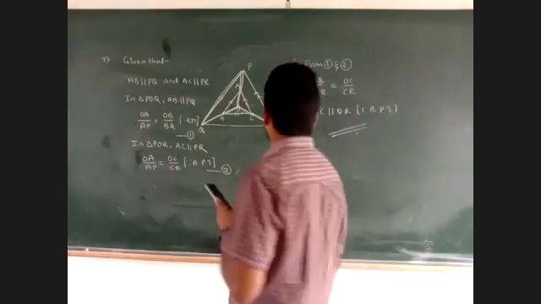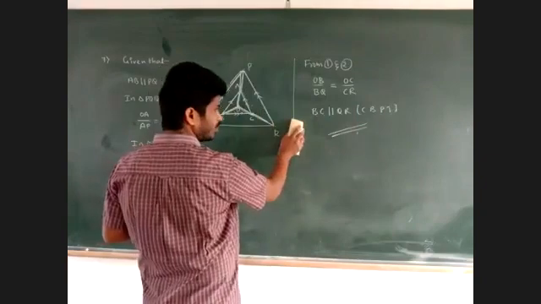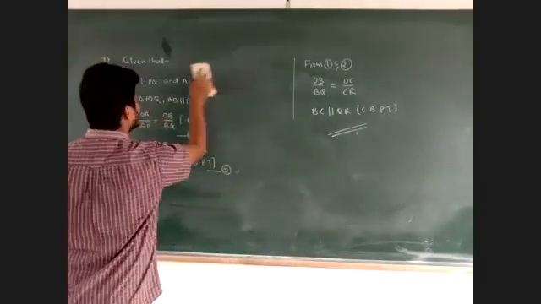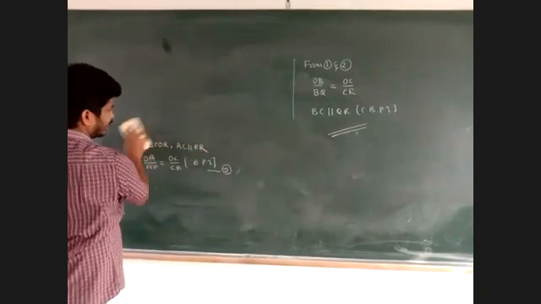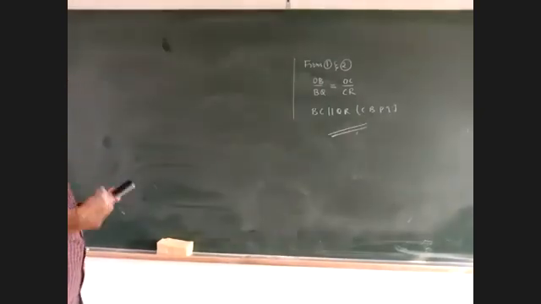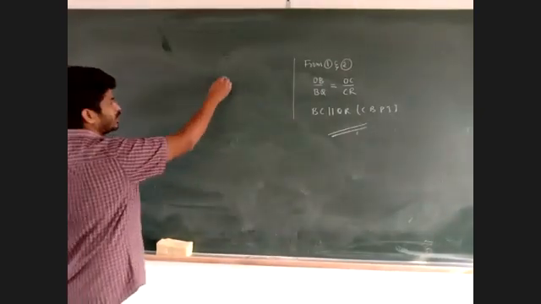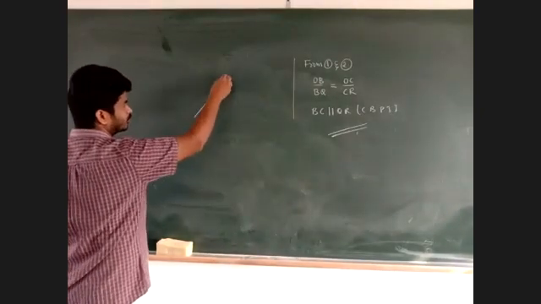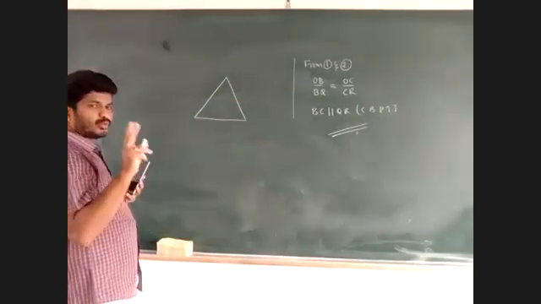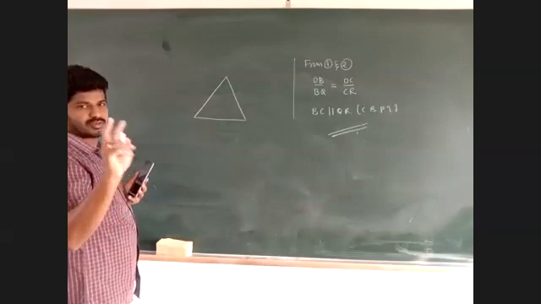The 5th problem is very simple, Amma. Shall I rub the board? Yes, sir. So the 5th problem is, take one triangle ABC. Take 2 midpoints of any 2 sides of a triangle.